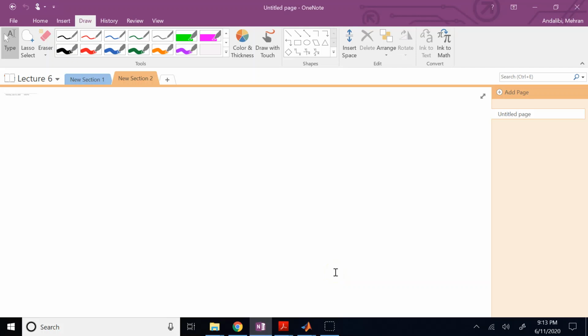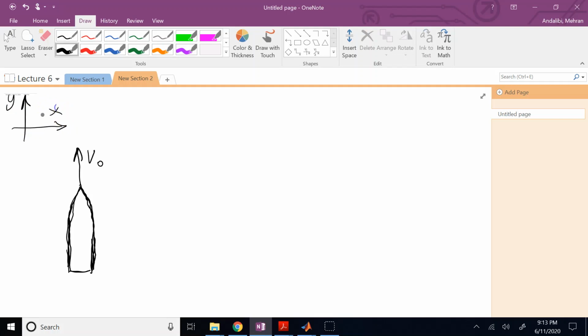So here I'm gonna draw it. So this is the boat in position 1, and it is going with the speed of v naught to the north. Here I use y to correspond to north, and I use x to correspond to east. And then here I have the boat in position 2.